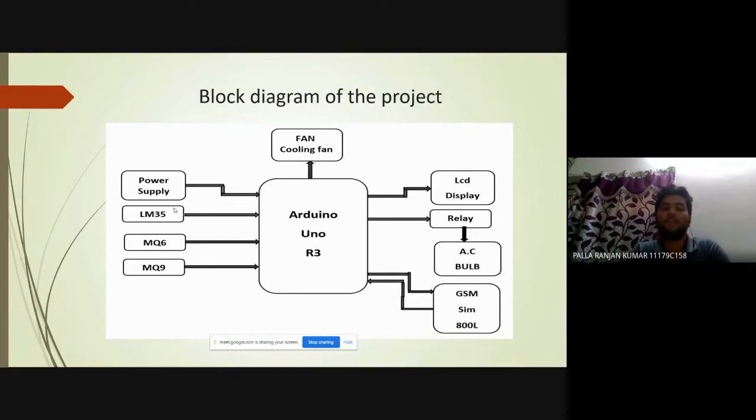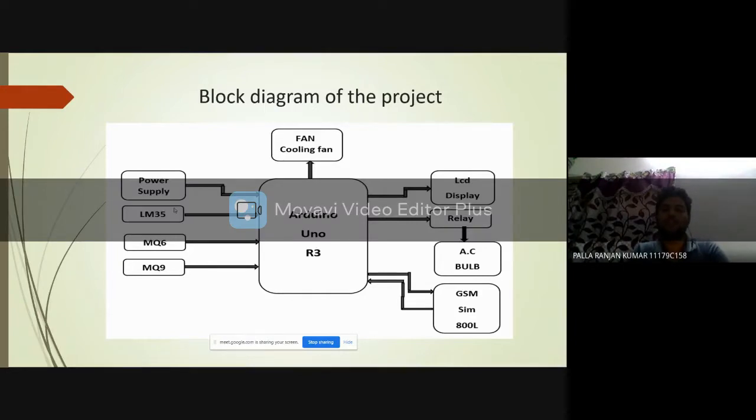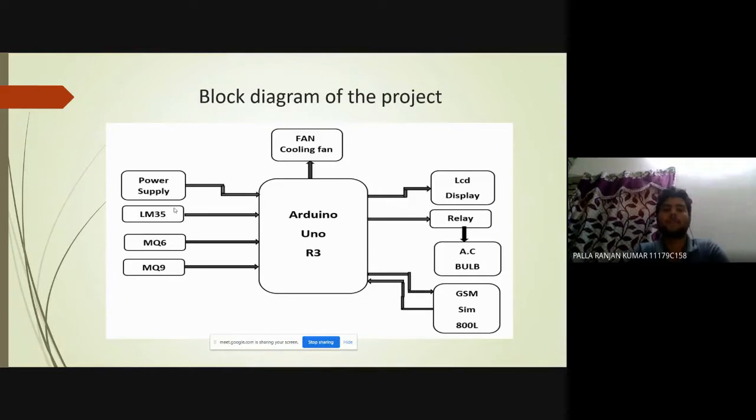With the help of this GSM 800L SIM module, we will show the display. It will give an alert when the temperature goes above the level, or if the pressure goes above the level. Simply, it will show the data like this.